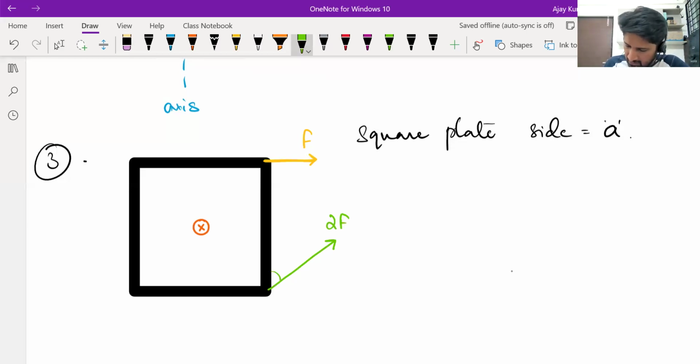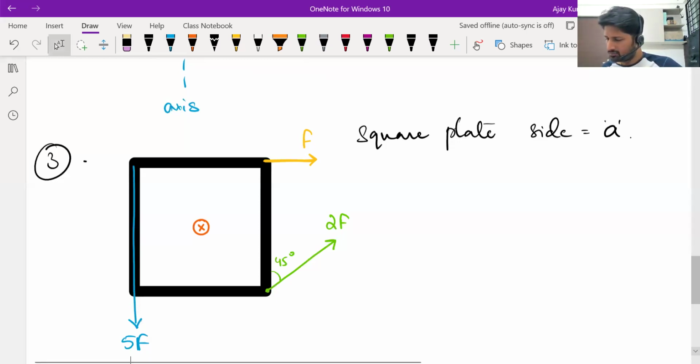It's acting at an angle 45 degrees with one edge of the square, at one corner. Then a third force acting this way. Let it be 5F. Calculate the torque produced by each of these forces about the z-axis and then calculate net torque.